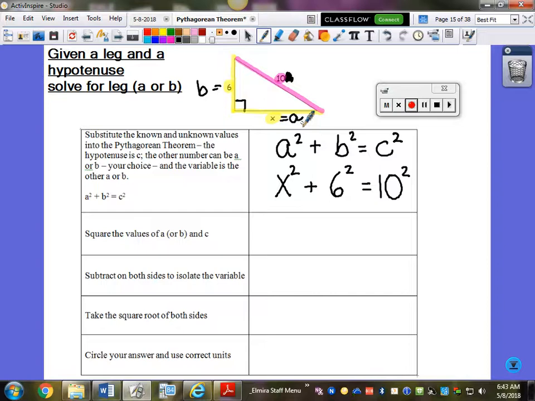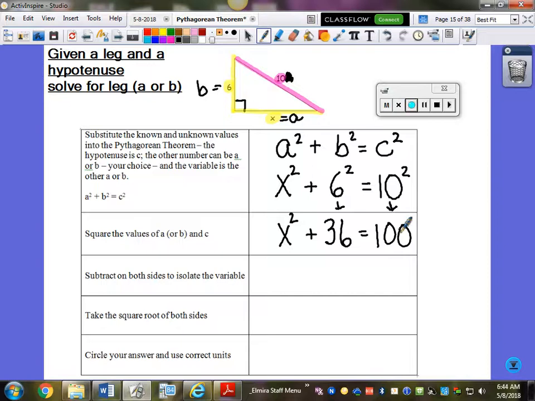Then I'm going to square my numbers. So x squared stays the same, but 6 squared is going to be 36. And 10 squared is going to be 100. Now here's where it gets different than yesterday.